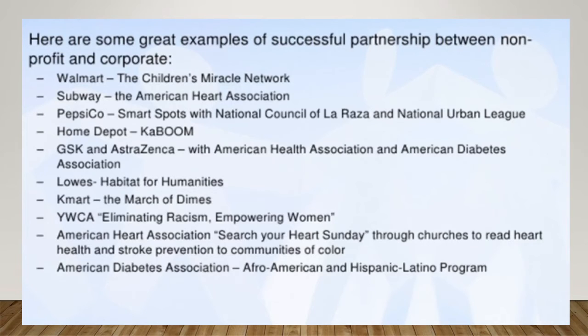Walmart will support the children, and we can say both have a joint partnership, and the money will be contributed by Walmart. Another one is Subway and the American Heart Association.